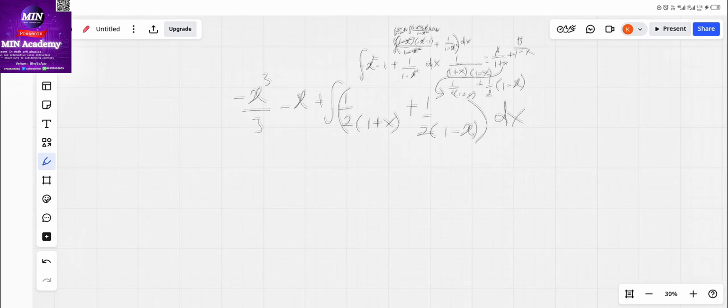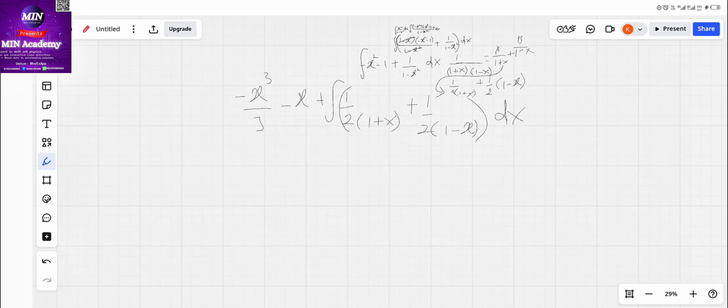So now the final answer looks like this: minus x cubed over 3 minus x, plus, now if you integrate 1 over 2 times 1 plus x, 1 over 2 is a constant, so we just put it down.